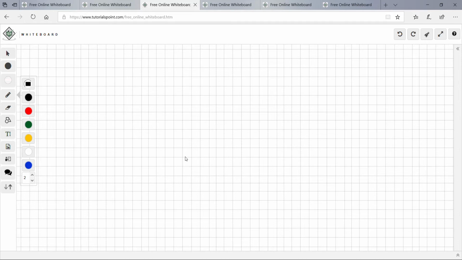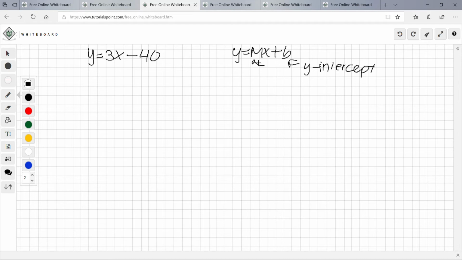What about this one? We're doing a linear equation, so y equals 3x minus 4. This is a linear equation, and from the linear equation, we know that it's mx plus b, so b is our y-intercept, and m is our slope.